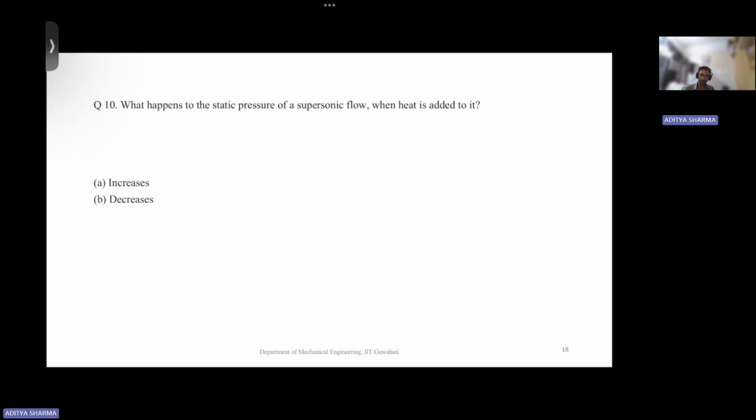This question says, what happens to the static pressure of supersonic flow when heat is added to it? Please see this question.